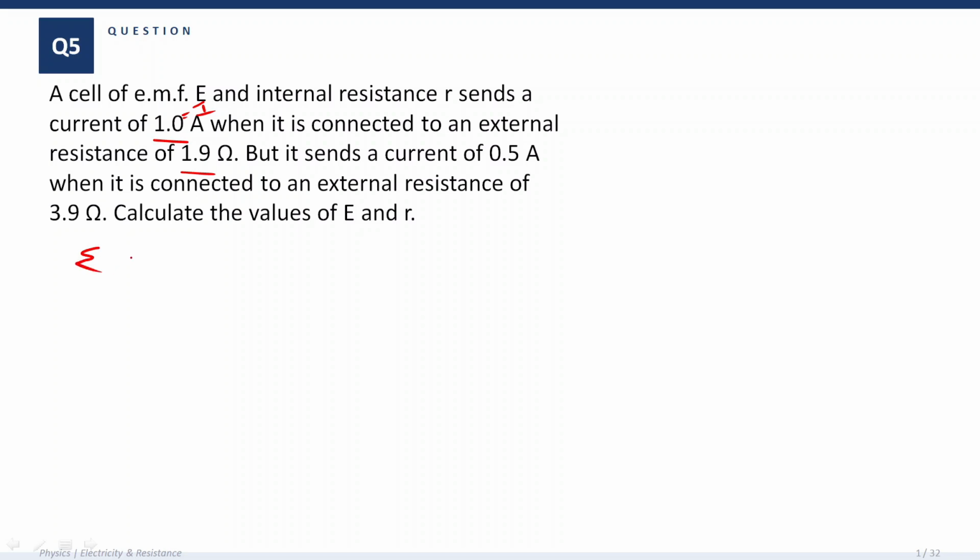I will write epsilon, electromotive force equal to terminal voltage plus voltage drop across internal resistance. Epsilon equal to IR plus Ir, where small r is the internal resistance, capital R is the external resistance. I will take I common out. Epsilon equal to I of R plus r.